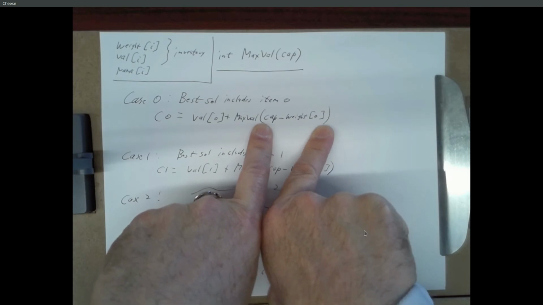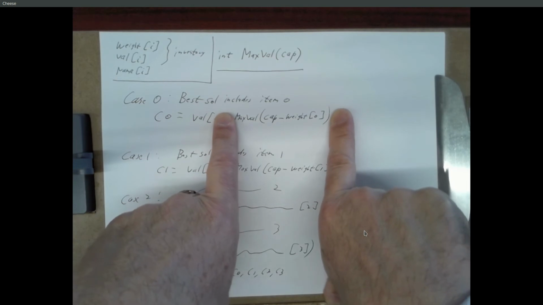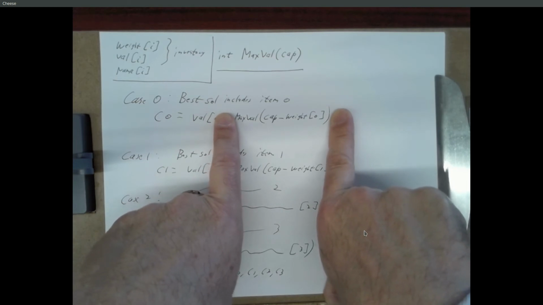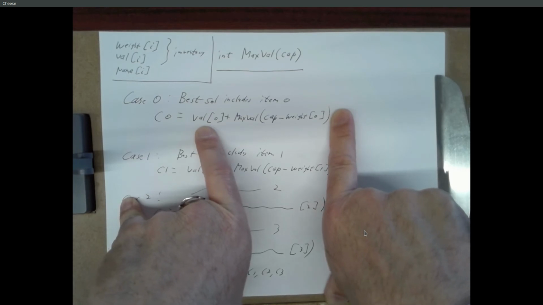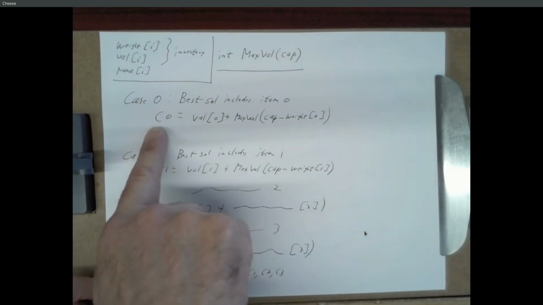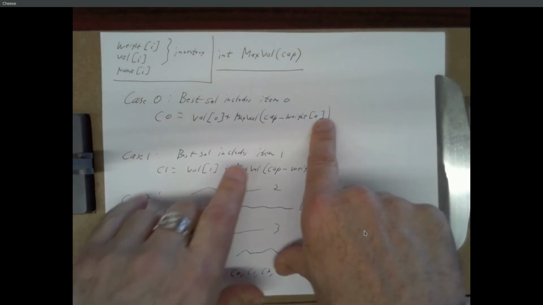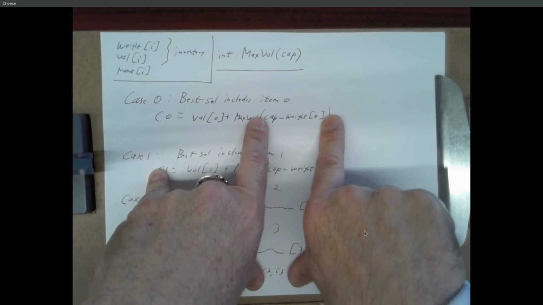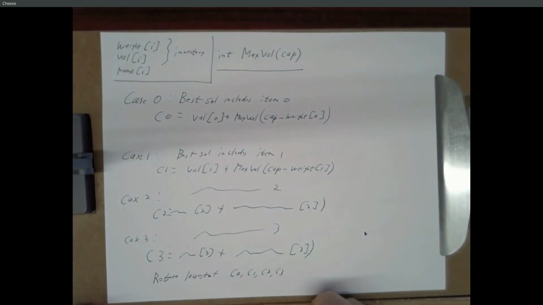That's physically not meaningful. And even if MaxVal returns 0, that's still not a valid answer. Because I'm supposing I can put this 10-pound item in my 1-pound bag. So when we're calculating these, we don't want to do this calculation if this number is negative. So we only do this for items that'll fit in your bag, basically.